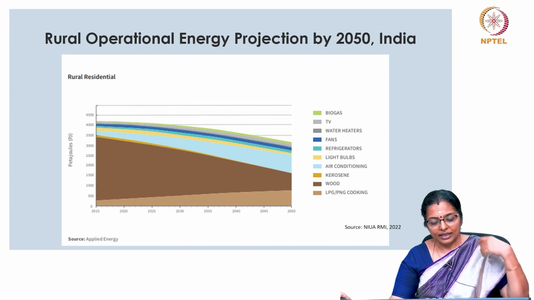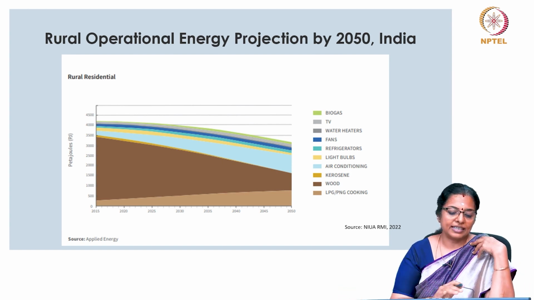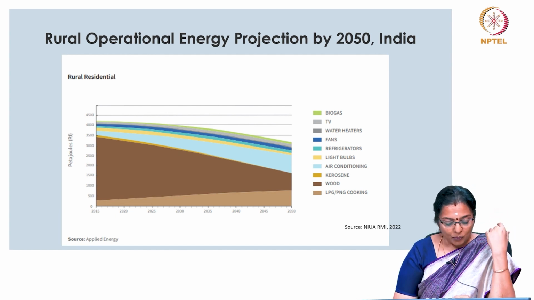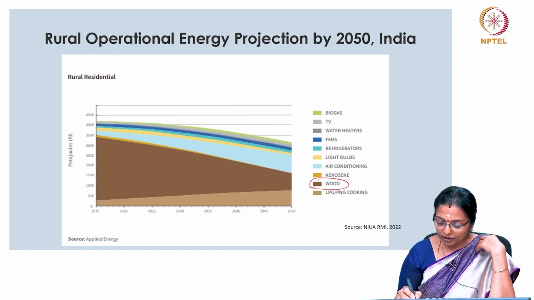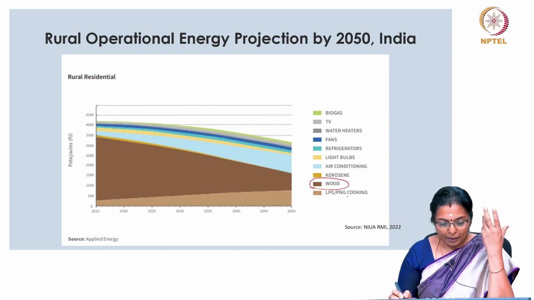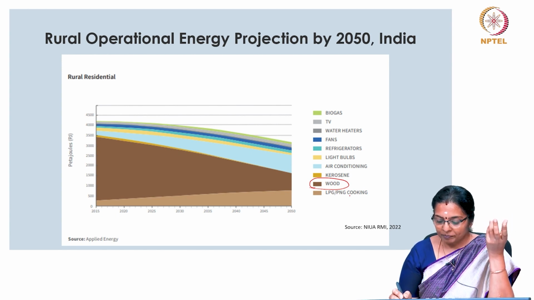Now, let us look at the rural residential operational energy consumption projection by the year 2050 in India. We can see most energy is consumed for cooking with wood, the primary source of emissions is wood, which is largely used for cooking.